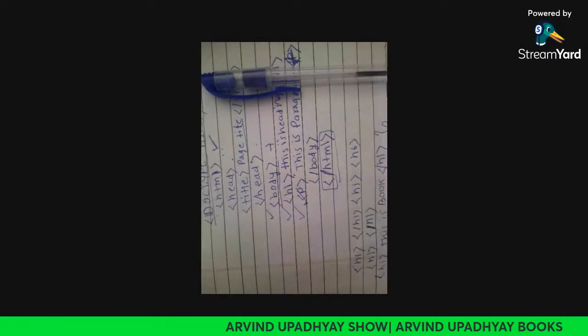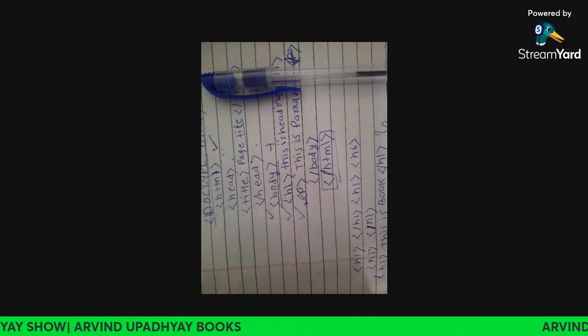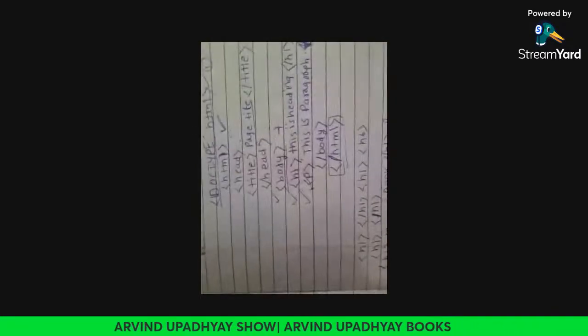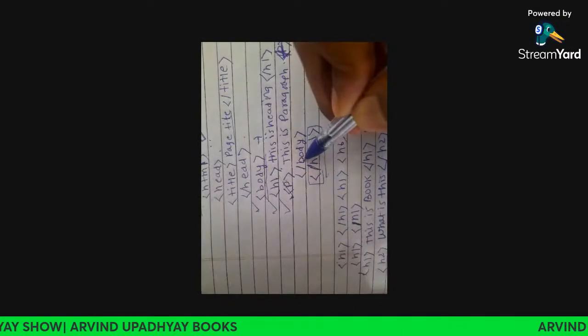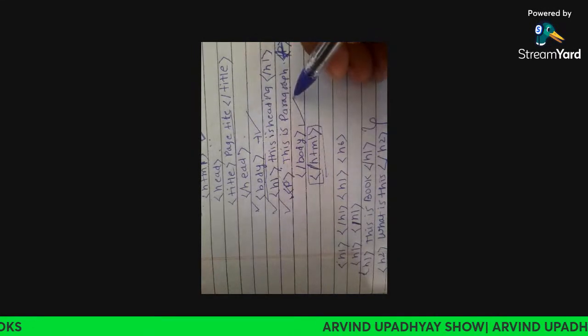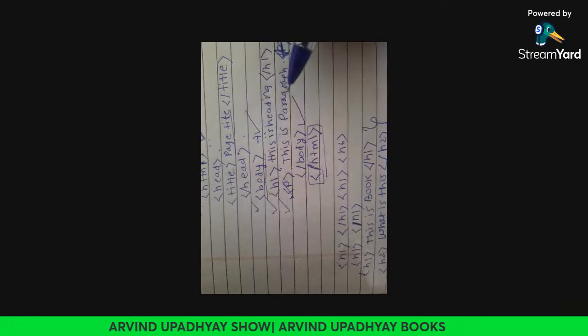The body element defines the document body, and it has a start tag body and an end tag, and the paragraph element defines a paragraph in the HTML code. For example, this one is body, and it should be closed with this. This is the start tag of the body, this is the end tag of the body, so it is defining the document body.